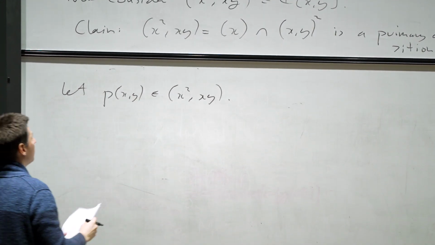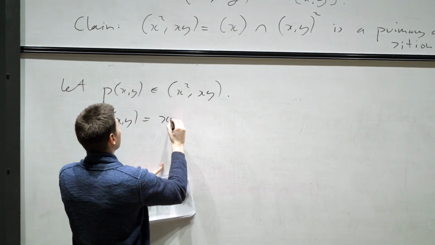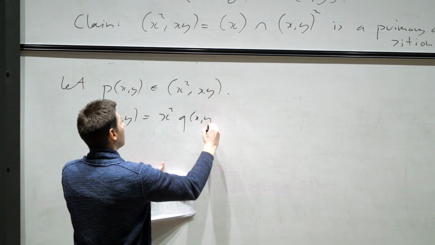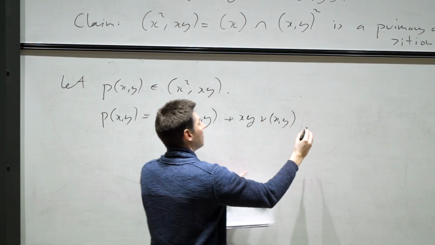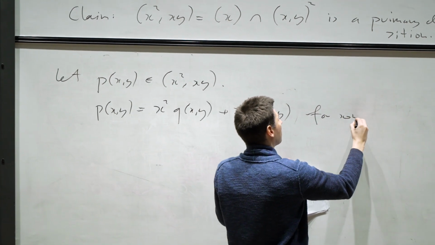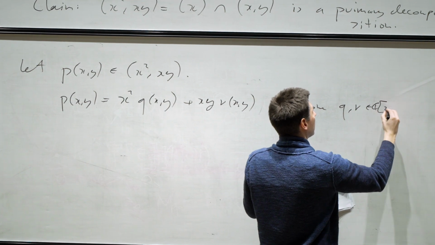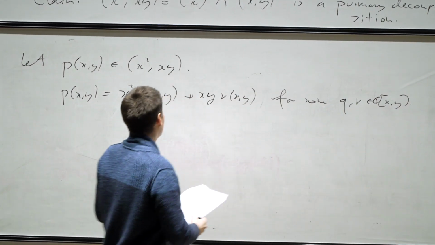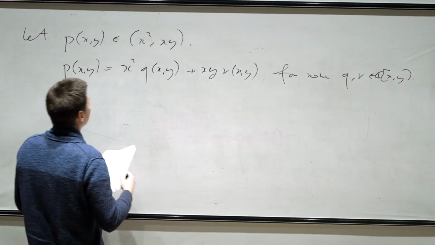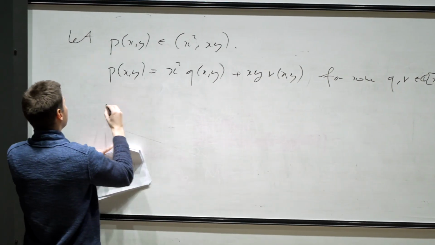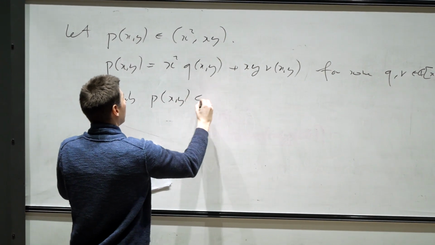It means that we can write p as x squared q plus xy r for some polynomials q and r. Both terms are divisible by x, so clearly it's in the ideal generated by x.